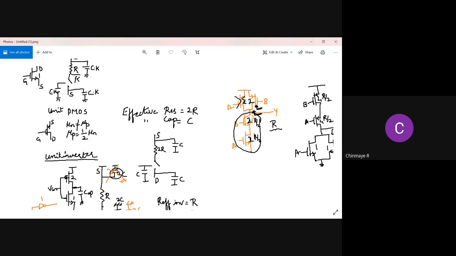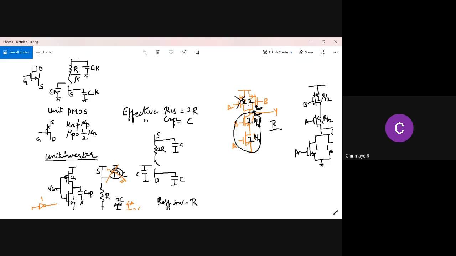Okay. So now we come to the PMOS side. So the PMOS side has 2 branches, right? So the worst case charging will be when only one of these PMOSs is on. Therefore, we try to make the effective resistance of each branch equal to R. For the effective resistance of each branch to be equal to R, we need to size these to be equal to 2 and 2, so that the resistance of each branch is equal to R. This is for the worst case rising delay, right?